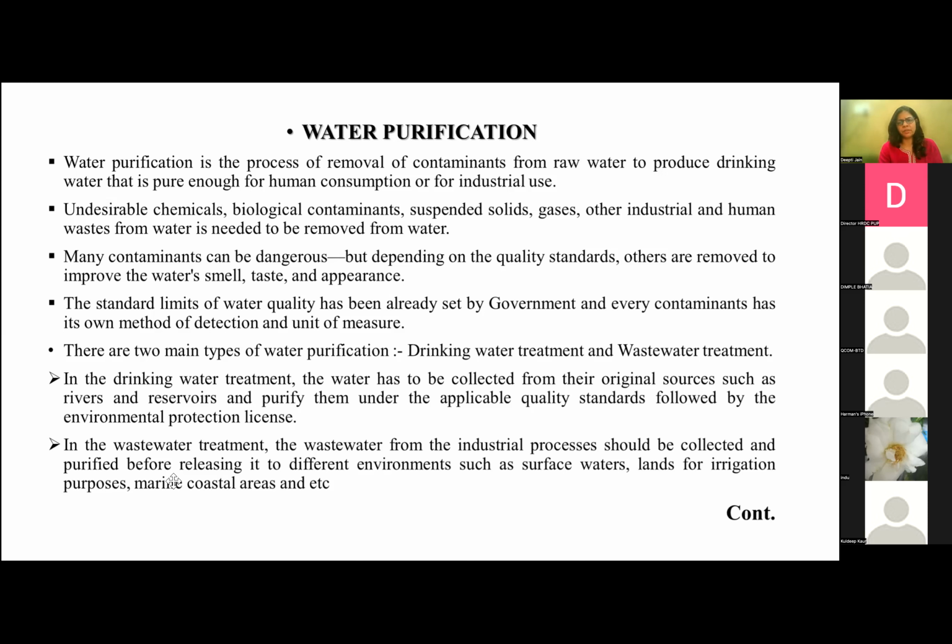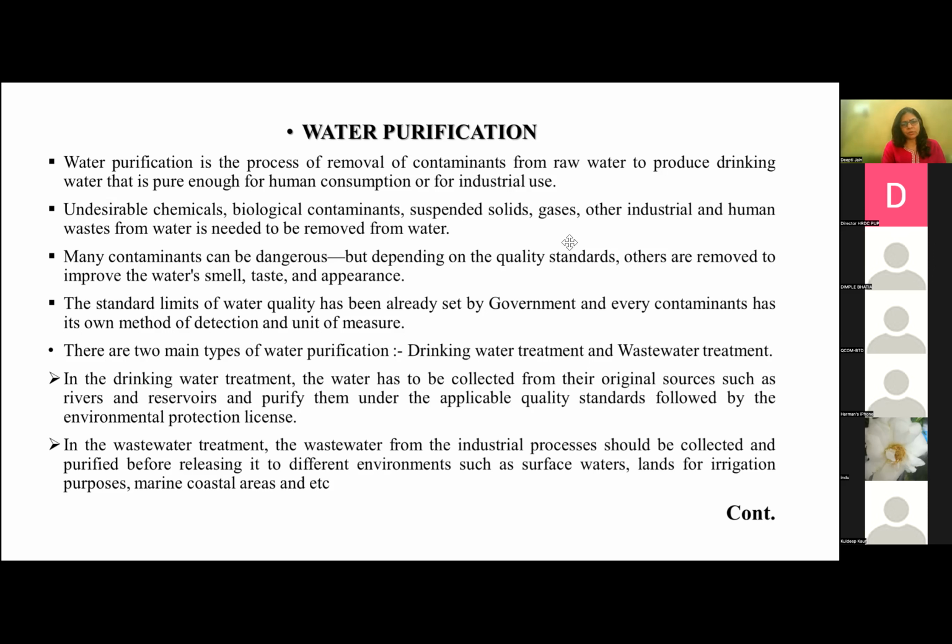One is the drinking water treatment plant and another is the wastewater treatment plant. In the drinking water treatment, the water has to be collected from its original sources, such as rivers or reservoirs, and purified under the applicable quality standards followed by the environmental protection license.